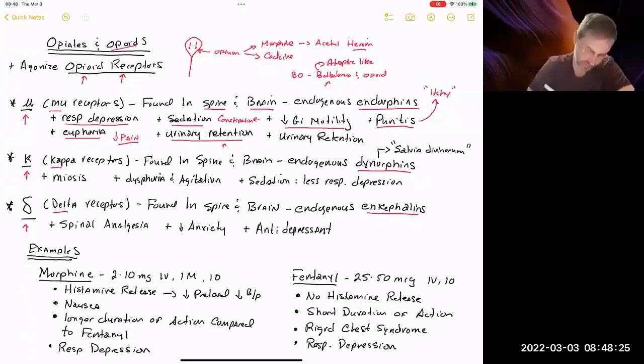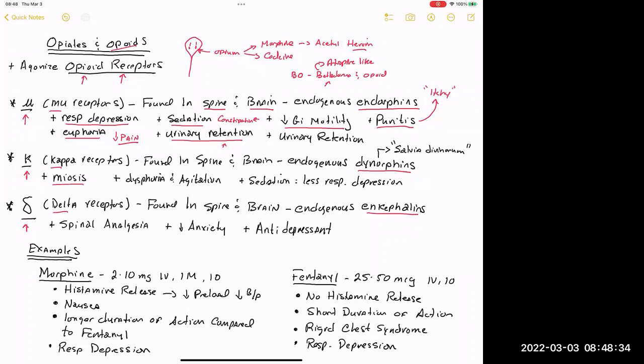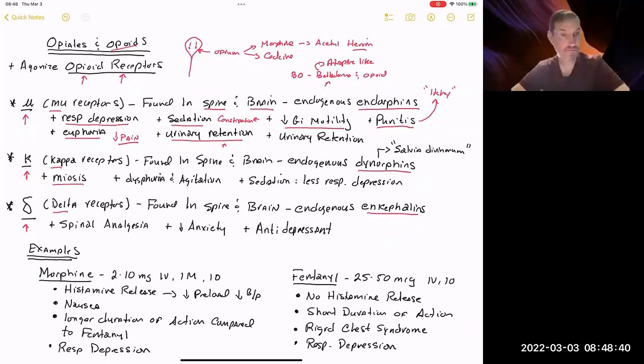Now, when it comes to kappa receptors, we get some additional effects. We get miosis. And what's miosis? Pupil constriction. Yep. Bilateral constricted pupils, like classically seen with people that take opioids or that are given opioids. This can also cause dysphoria and agitation.